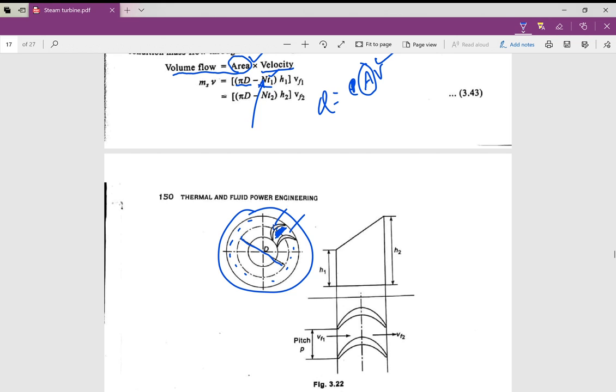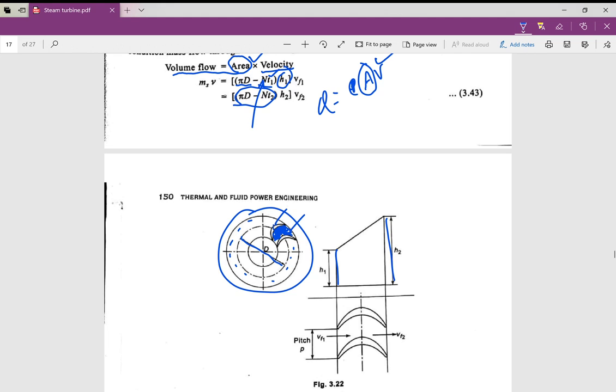So pi d minus n t1 is the total flow area between two consecutive blades at the inlet, and similarly at the outlet. This is then multiplied by the height of the blade at the inlet and at the outlet.